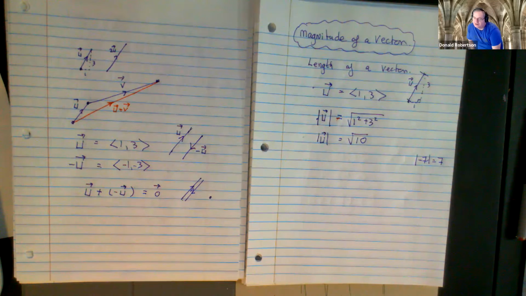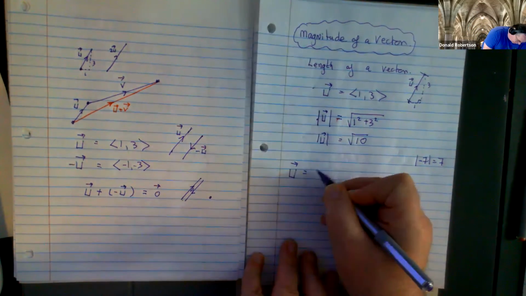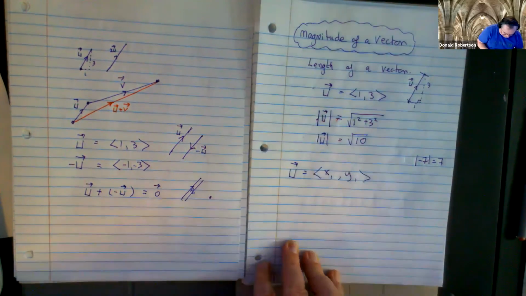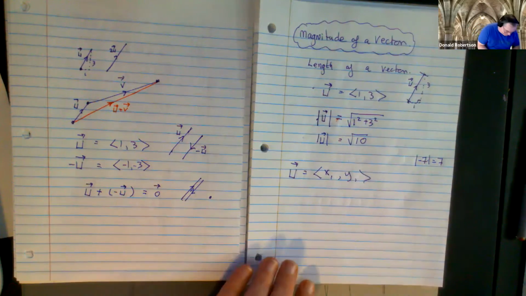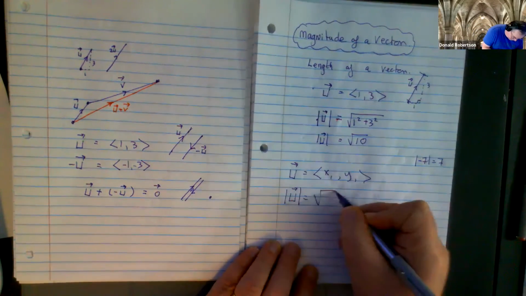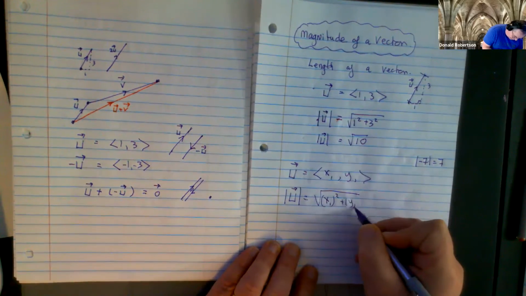That makes sense? Let's generalize that to become a formula then. Suppose I've got a vector u and it's called x1, y1, right? Got to call it something. Then the magnitude of u is the square root of the components.